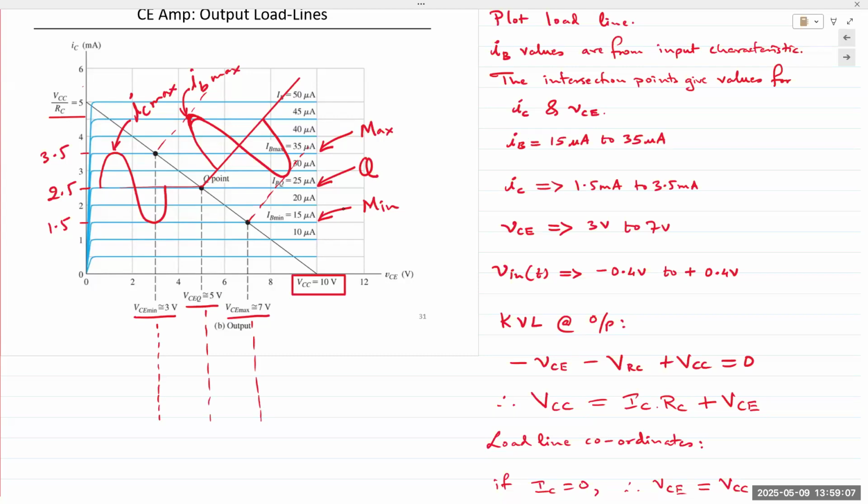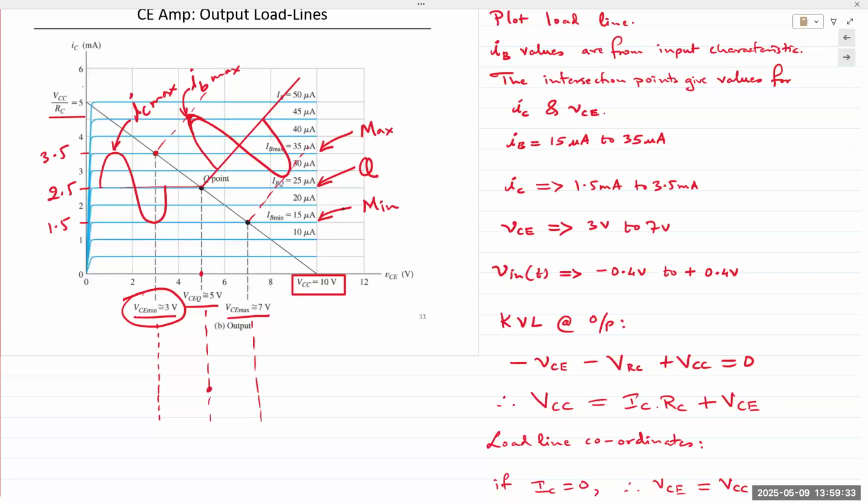We see that VCE is at its minimum value. Again, remember, this coordinate is the one that gives us the solution for IC and VCE. So when IB is maximum, IC is correspondingly maximum, which makes sense because IC is beta times IB. But then you see the VCE value is at a minimum of 3 volts. And then at 0, the VCE value is 5 volts.